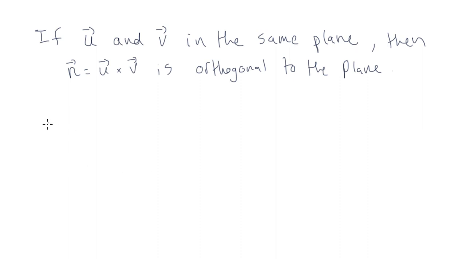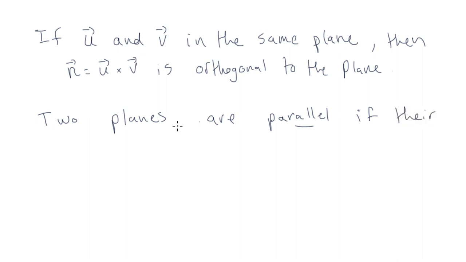So also, two planes are parallel if their normal vectors are parallel. You can play around with two pieces of paper and see what I mean. If they're parallel, they're laying flat parallel to each other, and so their normal vectors are going to be parallel in that case.